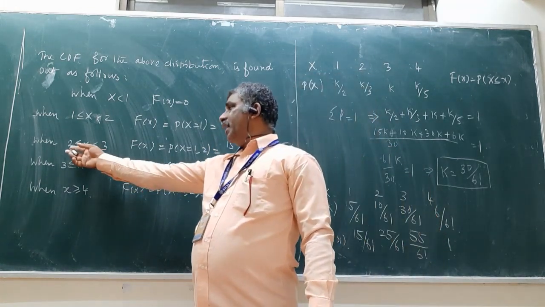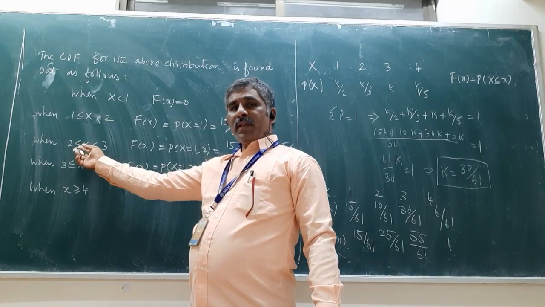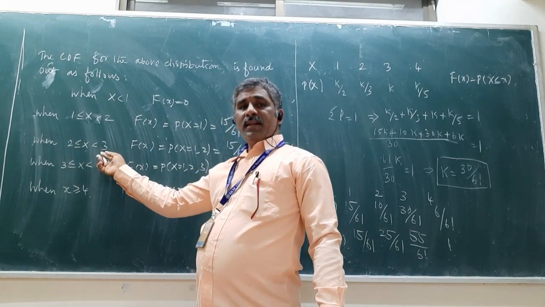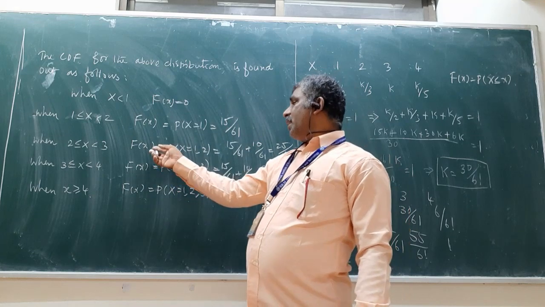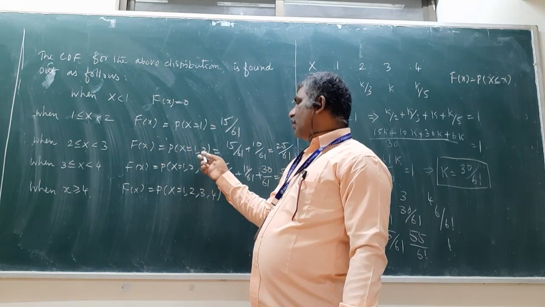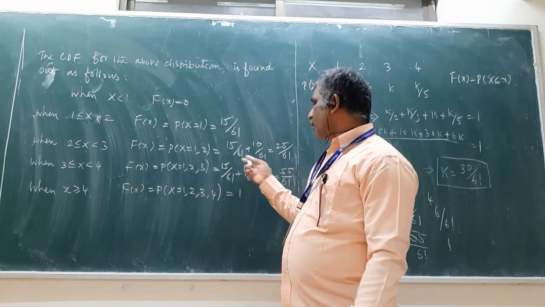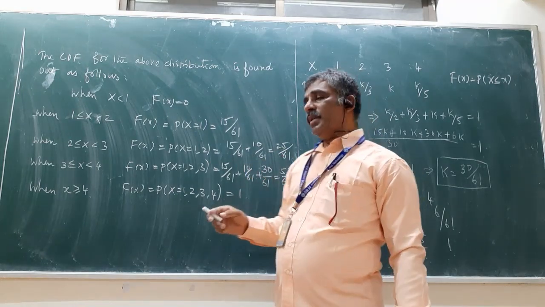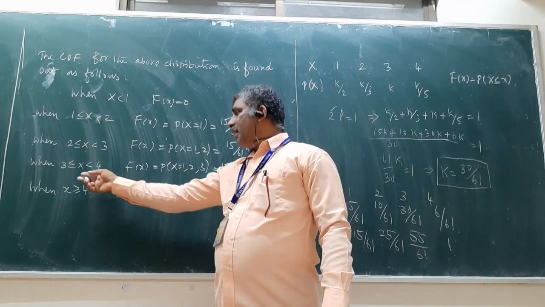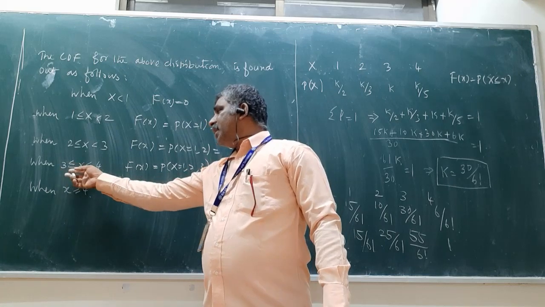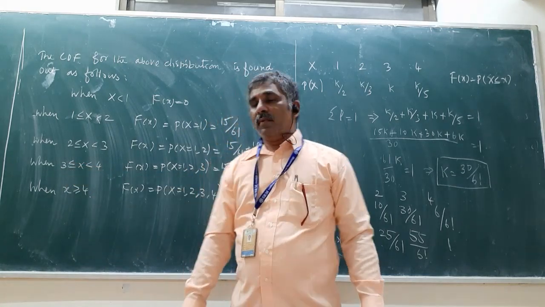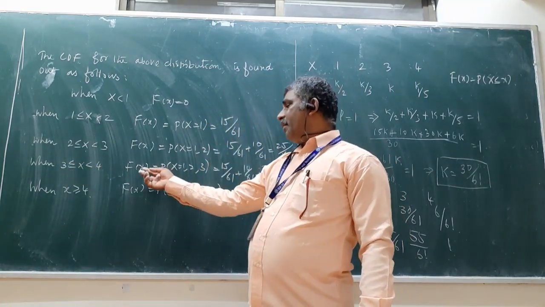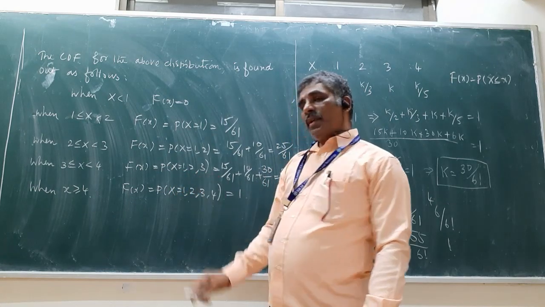The next case is when 2 is less than or equal to x less than 3. There are two values, x equal to 1, 2. If we add the two probabilities, we get 25 by 61. Similarly, for the third case, 3 less than or equal to x less than 4, how many values are there? 1, 2, 3, three values.